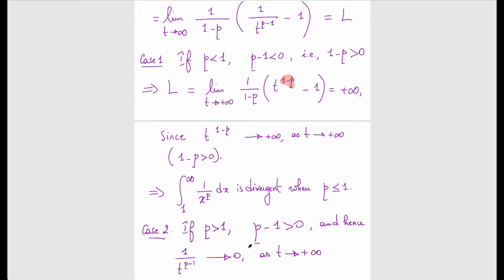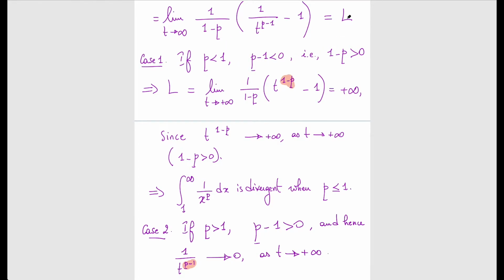One more time. Why? Because the exponent here is positive. So 1 over t to a fixed positive power, as t increases, is going to keep shrinking, going to 0.